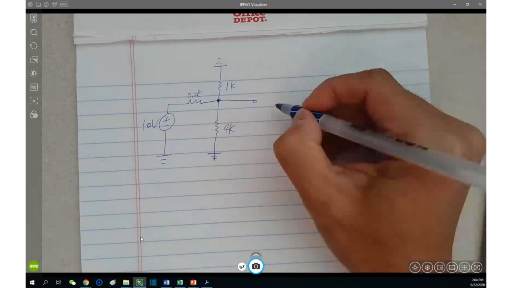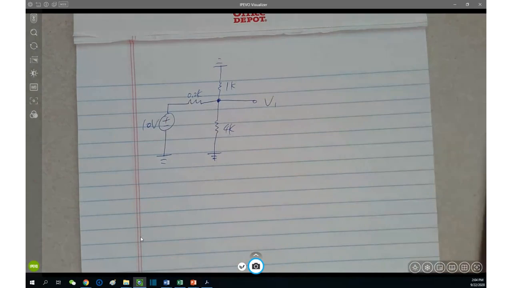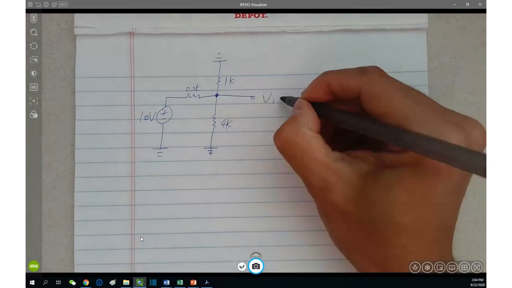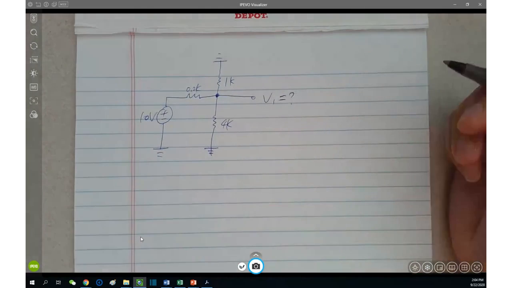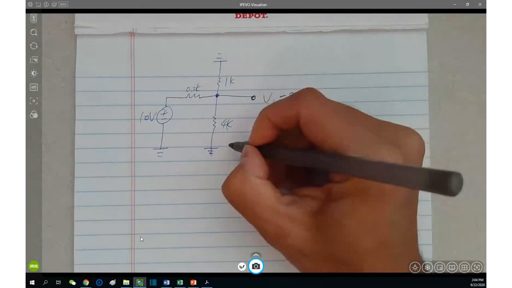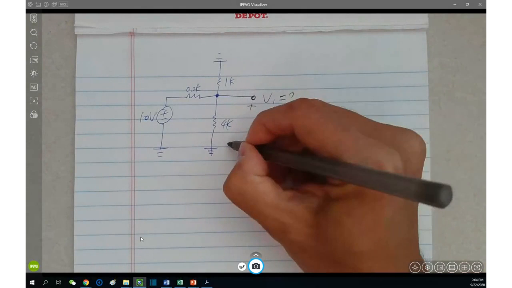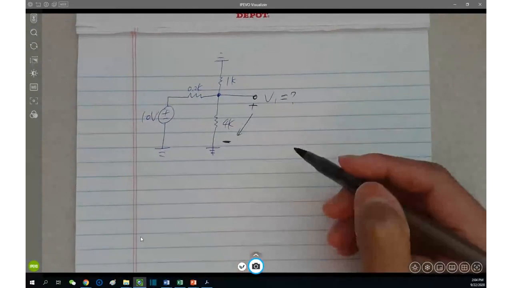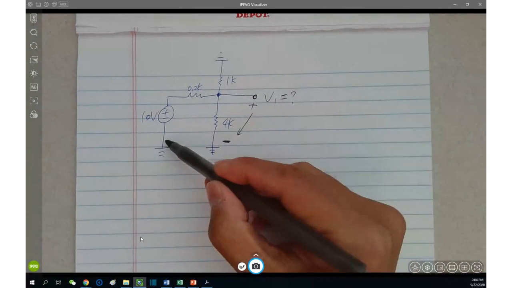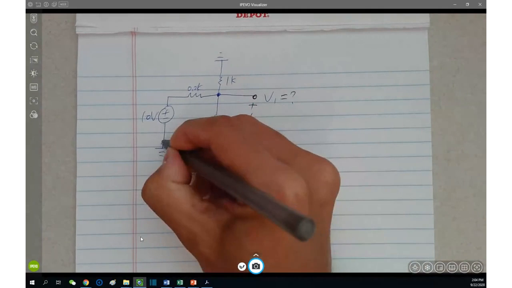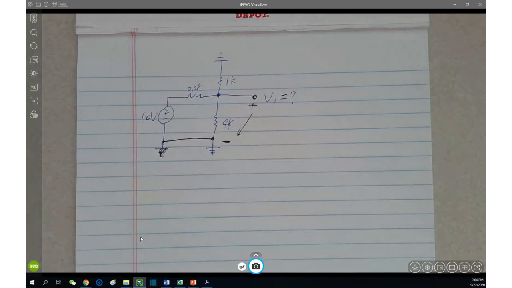This is V1. We are looking for V1 equals what? Realizing V1 equals what means V1 at this node with respect to the ground, from here to here. Because this is ground, and since this is ground too, you can feel free to short this too to see the loop.